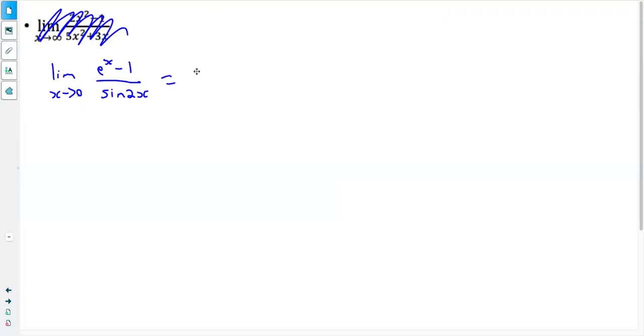So we'll take the derivative of our numerator and denominator. So we've got our limit as x goes to 0 of e to the x over our derivative of sine 2x, which would be 2 cos 2x, which if we substitute 0 in would give us 1 over 2 times cos of 0. Cos of 0 is 1, so 2 times 1, so 1/2.